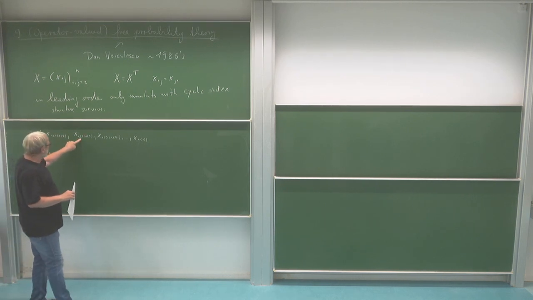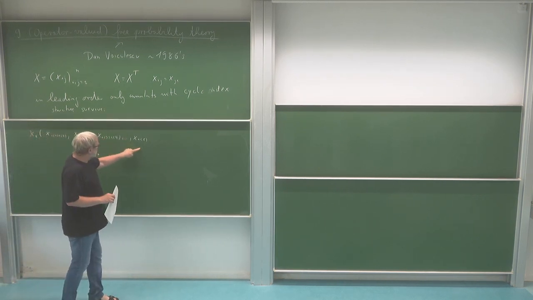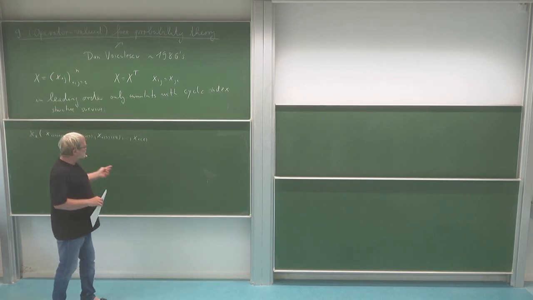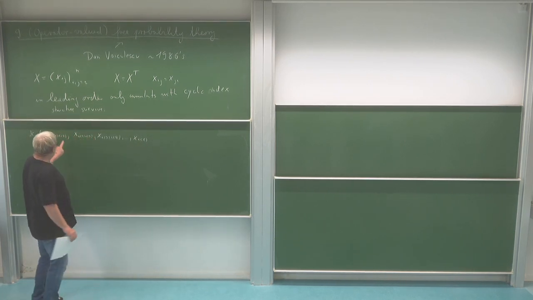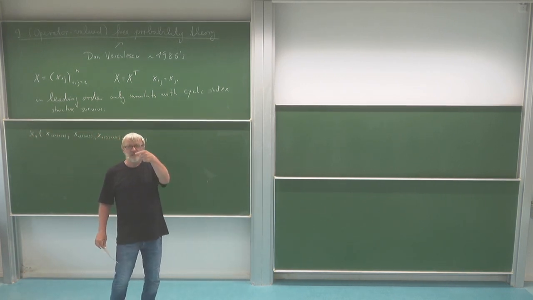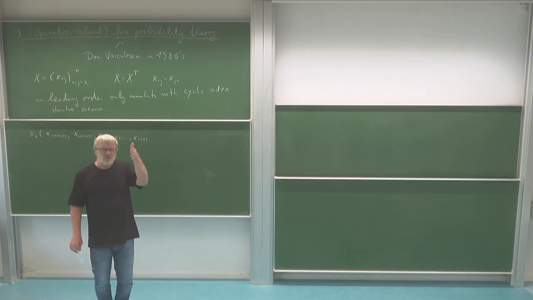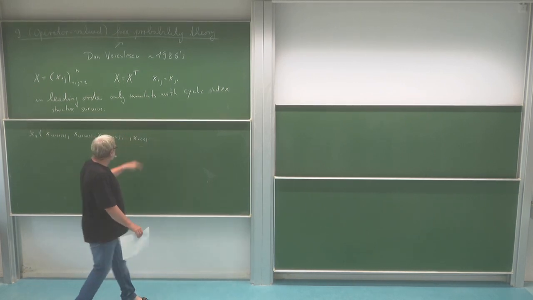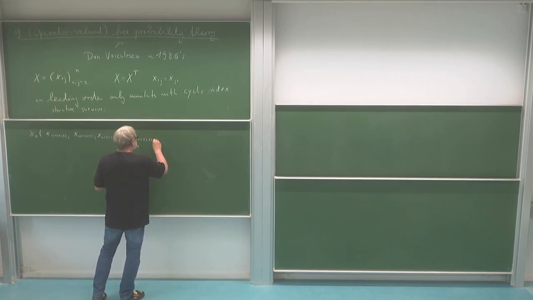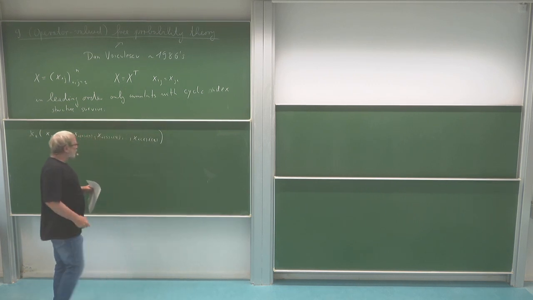So I have this repeating structure, but also in a cyclic way, because if we calculate traces, we should also have a cyclic condition. This is like matrix multiplication, where the last index of one entry is the first one of the next one. And if you also take the trace, then the last one should be the same as the first one, so here the last one is i1 again.